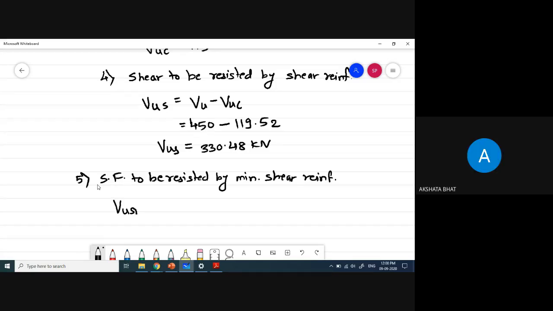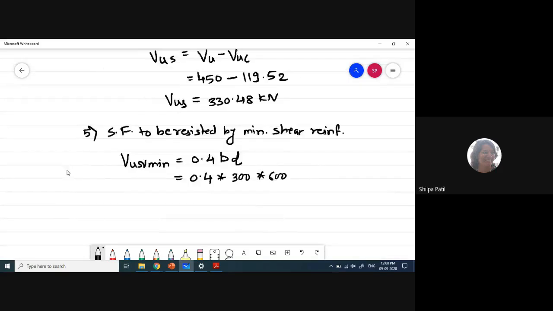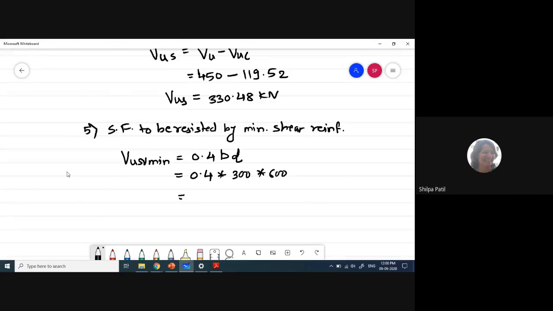Vus minimum is equal to 0.4 bd. So it is 0.4, b is 300 and d is 600. Tell me the value. 720.